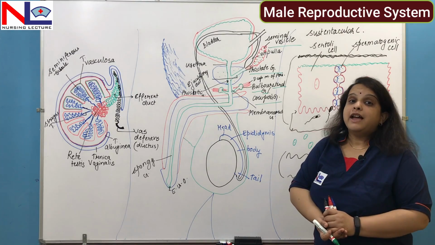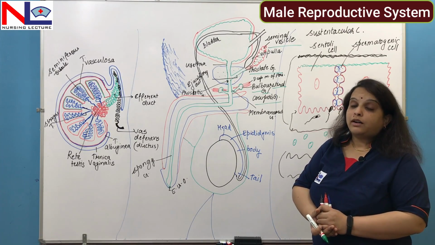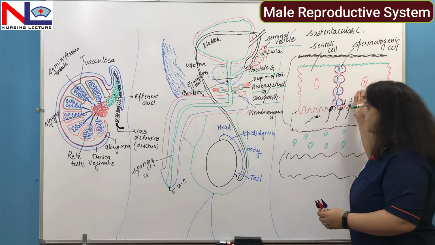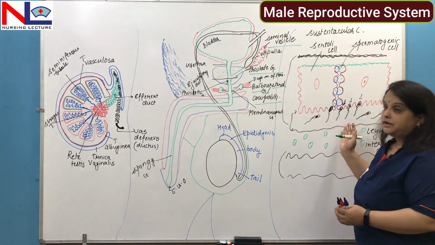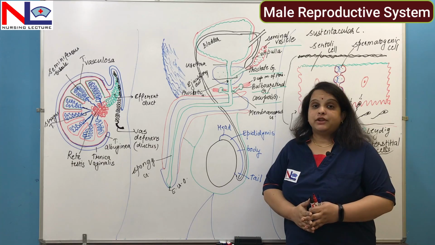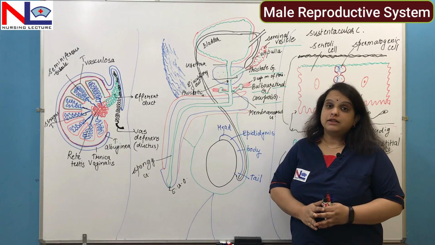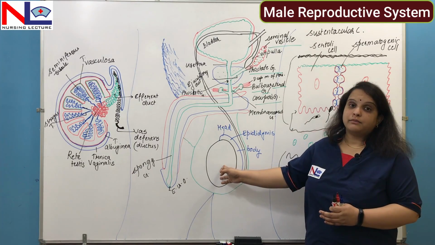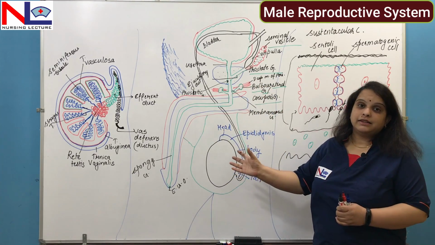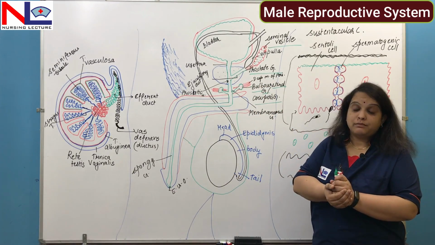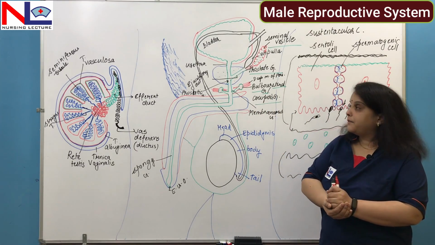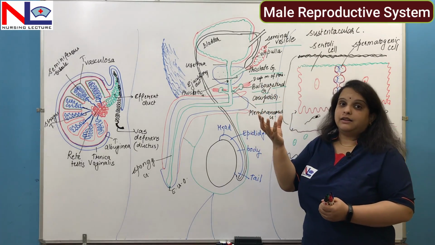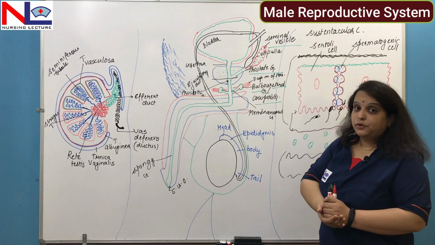So these are the three accessory sex glands that combined contribute to the fluid part of semen, and along with that some fluid is also contributed by the seminiferous tubules. So in this lecture we have discussed the male reproductive organs: the male gonad, the testes, which are paired glands lying within the scrotum, the system of ducts responsible for the transportation of sperm, and the accessory sex glands which are responsible for making the sperm mix with the fluid part.